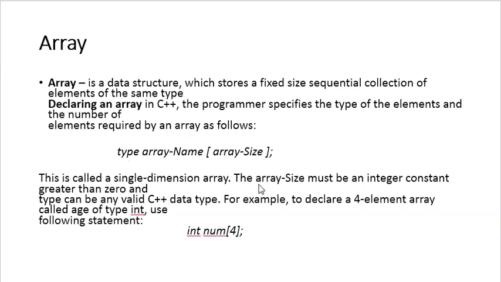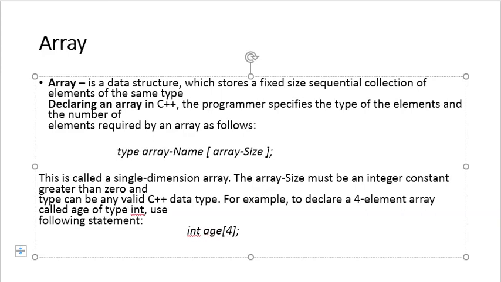For example, to declare a 4 element array called age of type int, use the following statement. If you want to declare a 4 element array, you have to write 4 here, and if the array is of integers, write int, and the name of the array is age.